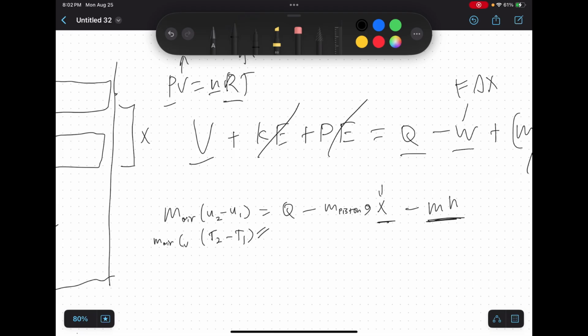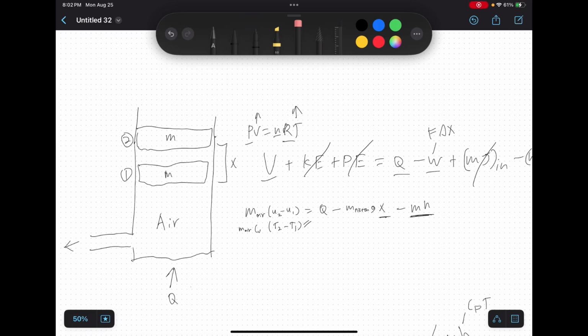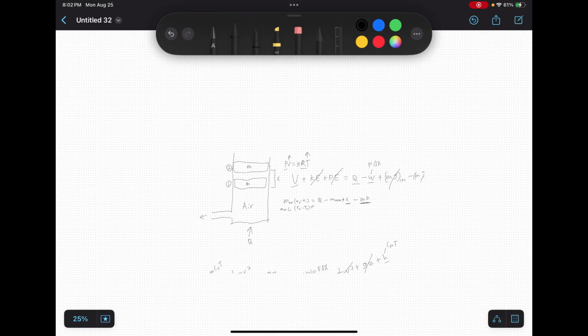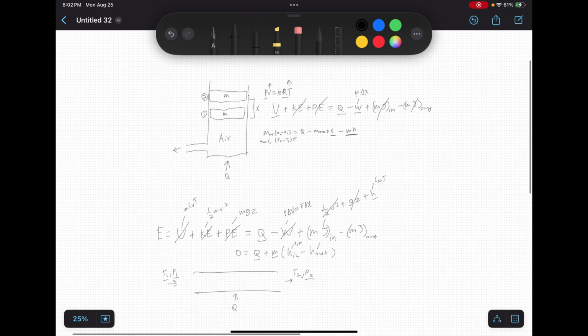This would also have to go down to balance out. Cool beans. Okay, I think that's pretty much it for energy balance.